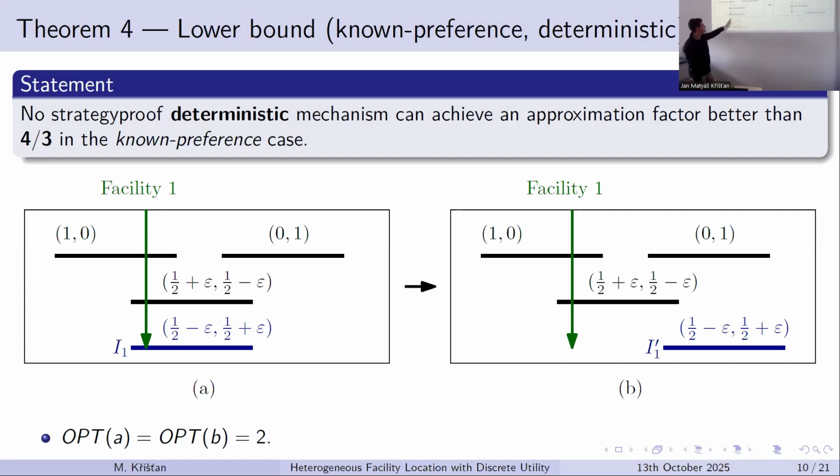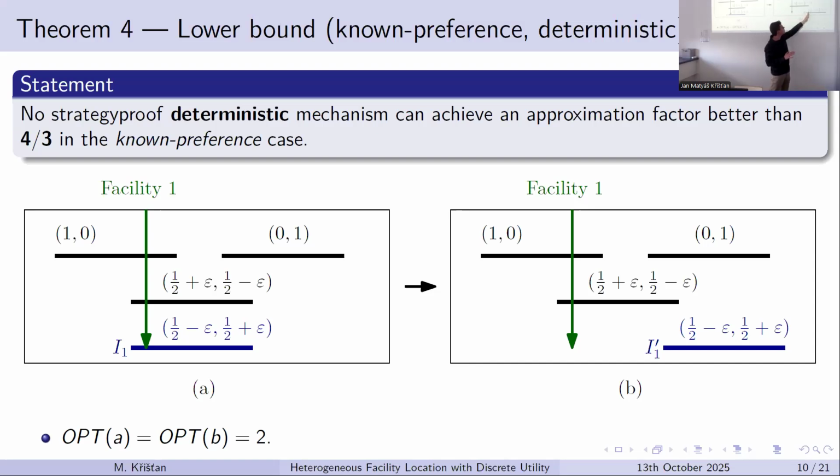Okay, so suppose that some mechanism picks this as the solution. Then what can the mechanism do here? Well, again, it can pick either some solution that would be 1 or worse. That's already a bad approximation ratio. Or it can pick this solution. This will give us 3/2.